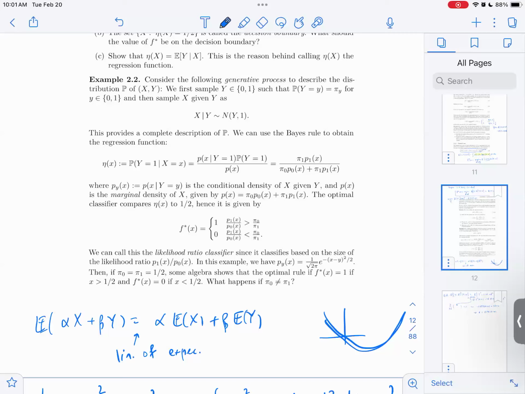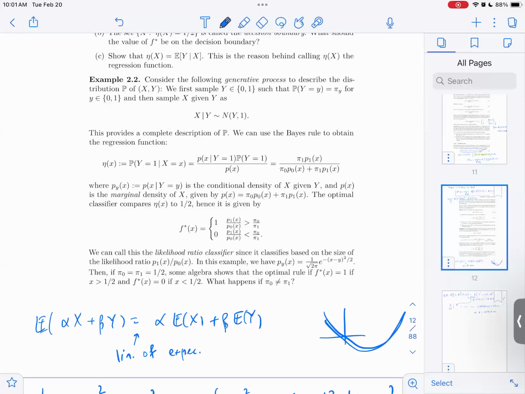Otherwise you compare to 1. This is a likelihood ratio, so we call it the likelihood ratio classifier. This is a very specific application of those ideas in this setting where you get the class conditional densities.